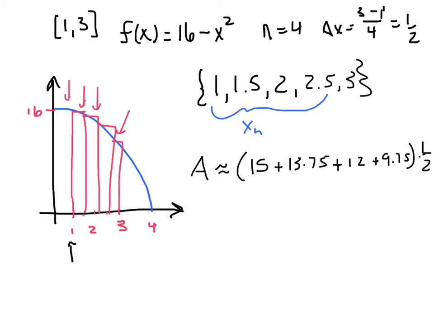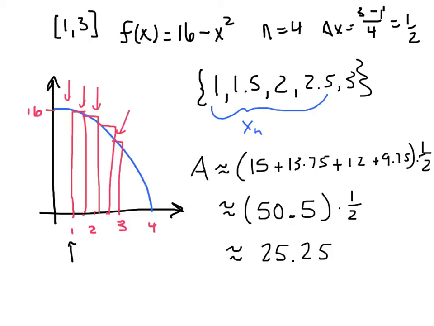I'm going to squeeze it in right there. Okay, I've done a little calculations, and if I'm correct, this entire value here is 50.25. Excuse me, 50.5. And I'm going to multiply by that 1/2 or divide by 2, however you want to look at it. And so our approximation for 4 rectangles is going to be 25.25 square units.